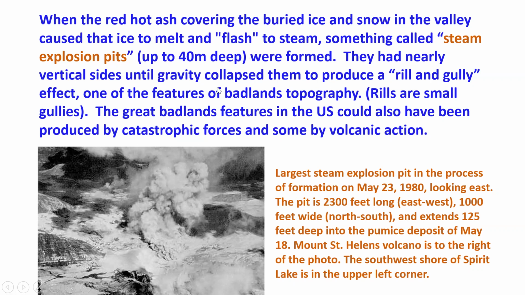They had nearly vertical sides, until gravity collapsed them to produce a rill and gully effect, one of the features of badlands topography. Rills are small gullies. And the great badlands features in the US could also have been produced by catastrophic forces and some by volcanic action.